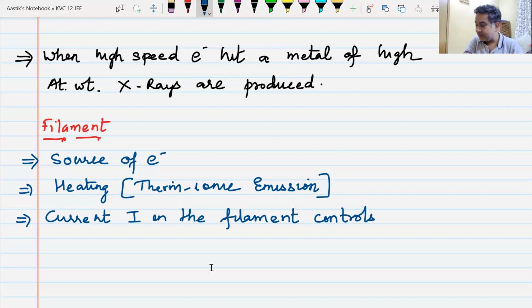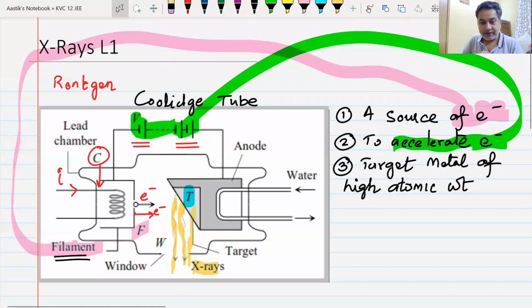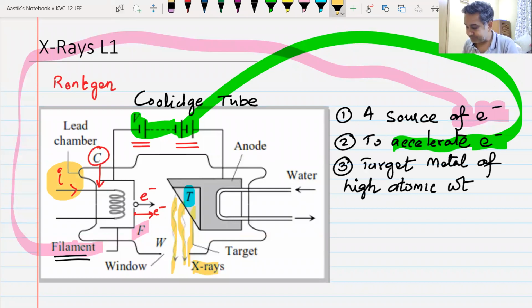Do you see this current in the filament? This filament also has a current I. Did you draw this current? What does this current control?